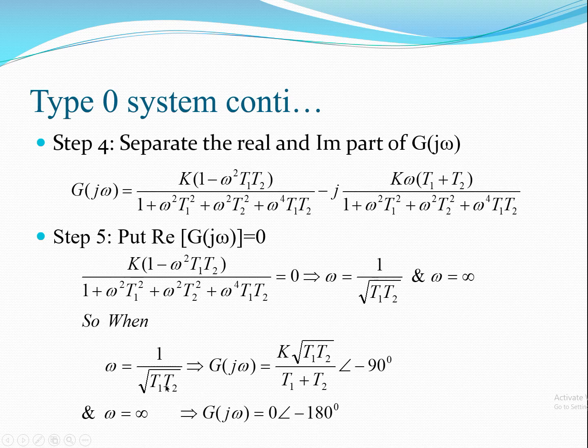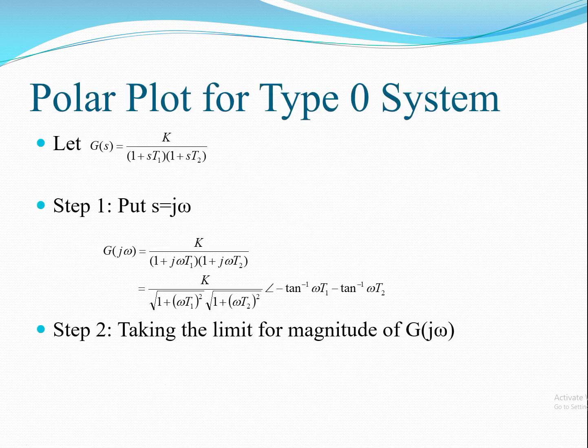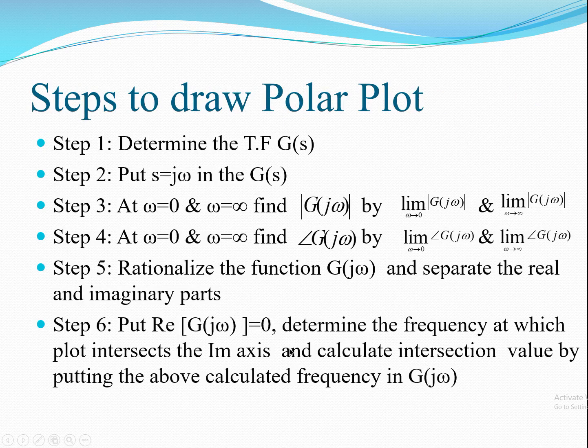So what does it indicate? It is written that it is the frequency at which the plot intersects the imaginary axis. We have made the real part equal to 0, so we have got the intersection with the imaginary axis, and we will calculate the intersection value.